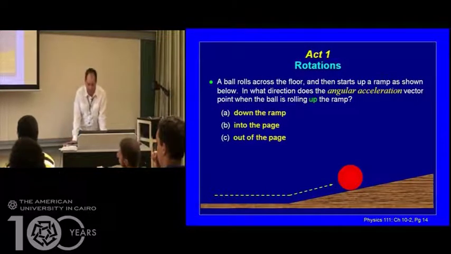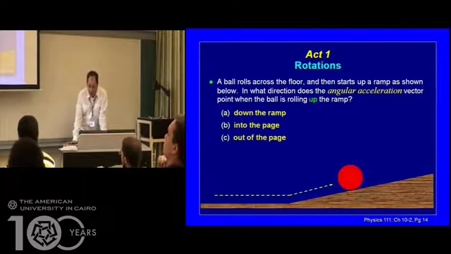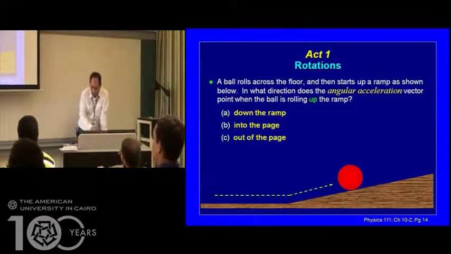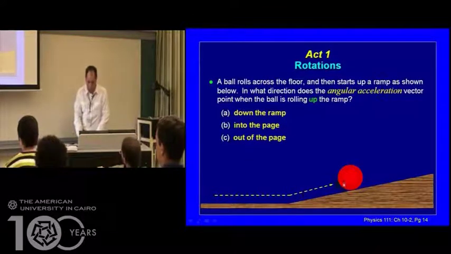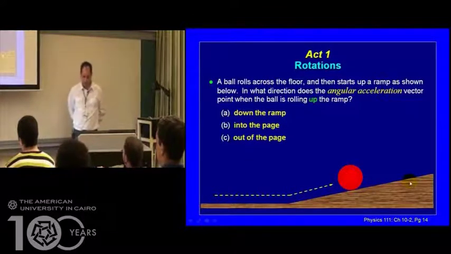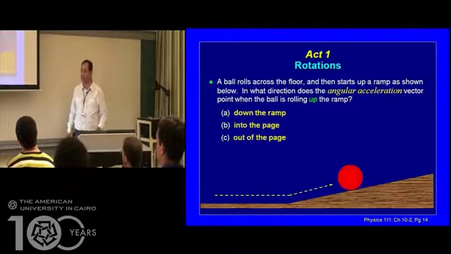Look at that example here. We have a ball that rolls across the floor, and it goes up that ramp. In what direction does the angular acceleration vector point? In what direction is the rotation?